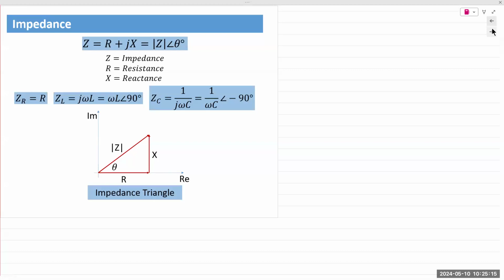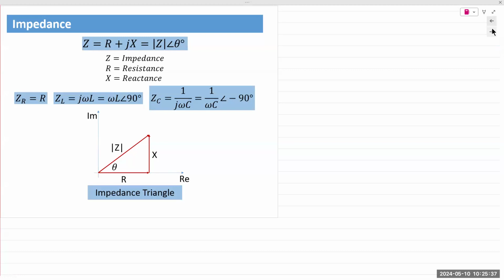Okay. Now here's an even more important topic. It's impedance. So again, don't worry about writing a lot of it down. You already have access to the slides, but I will go over what the concept is in brief, and then the mathematical representation, the equations.